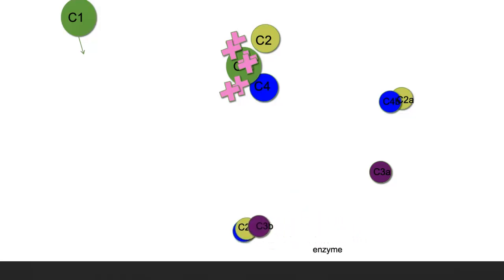These will then, as an enzyme, travel and bind to C5, and C5 will then cleave into C5A and C5B.